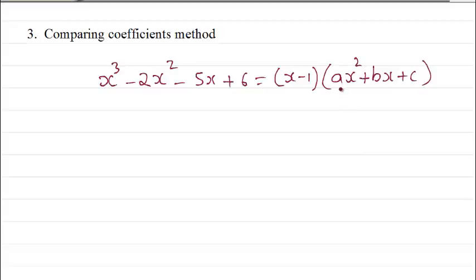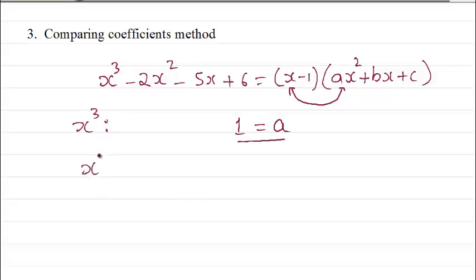Okay, now we've got to find a, b and c. First we compare the x cubed coefficients. The number before x cubed is 1, so the left hand side is just 1. On the right hand side, the x cubed term is only going to come from one place when we multiply these two together. So it's ax cubed. So basically on the right hand side, the coefficient is just a. So therefore we found a is 1.